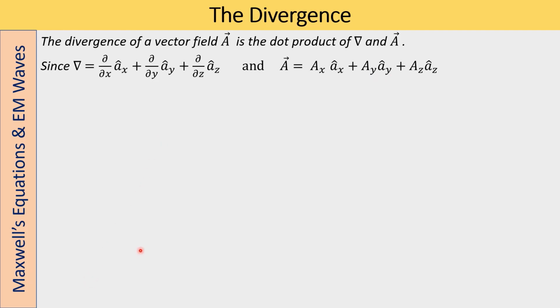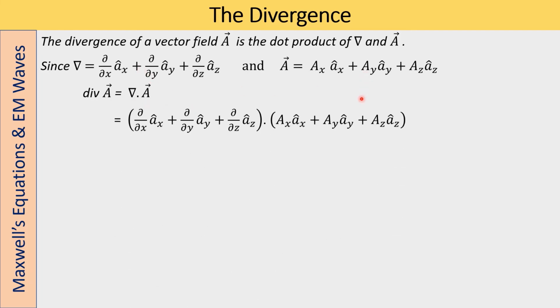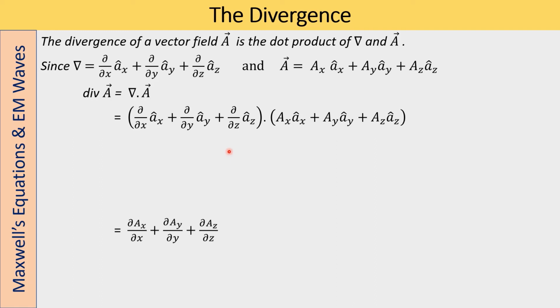Therefore, div A is the dot product of del and A, which is equal to del Ax by del x plus del Ay by del y plus del Az by del z.